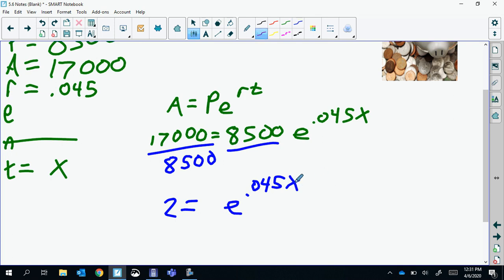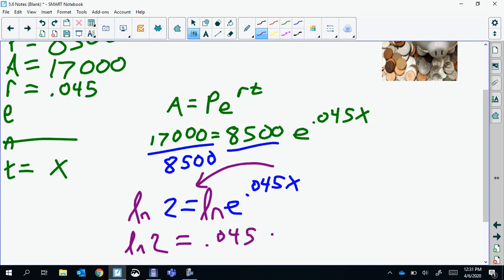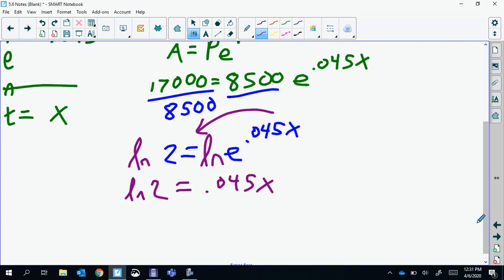We're trying to solve for our exponent, so our step's going to be natural log both sides. Exponents to the front, and natural log of e is going to cancel, so that's natural log of 2 equals 0.045x times natural log of e, which is 1, so that's gone. You don't have to write it even. Or you can, and then cross it out, or whatever you want to do with it.